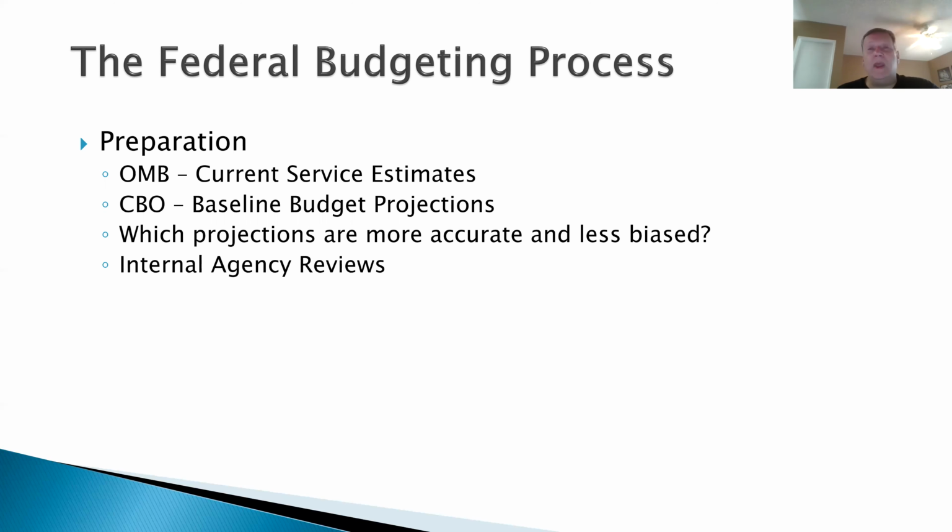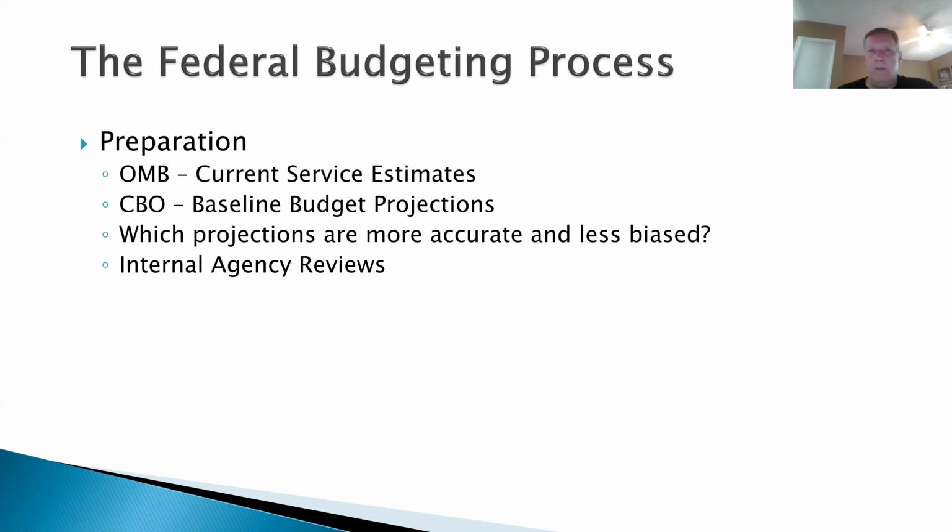But the fact of the matter is they are not. And you will see great variation between what OMB produces and what CBO produces. The reason why is, again, because of methodology. OMB typically uses a different interest rate, a different compounding factor than CBO will use.